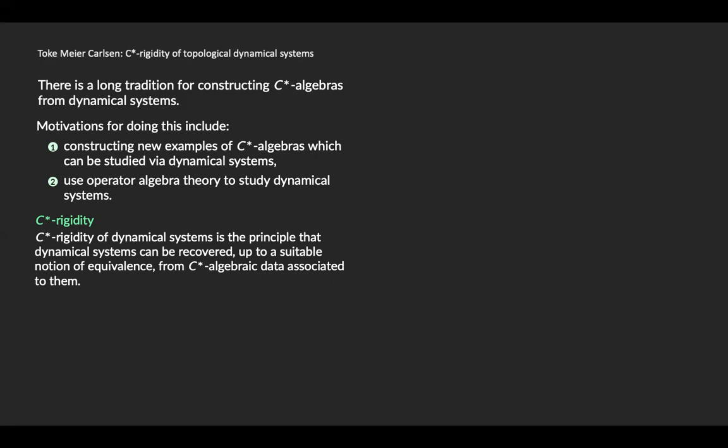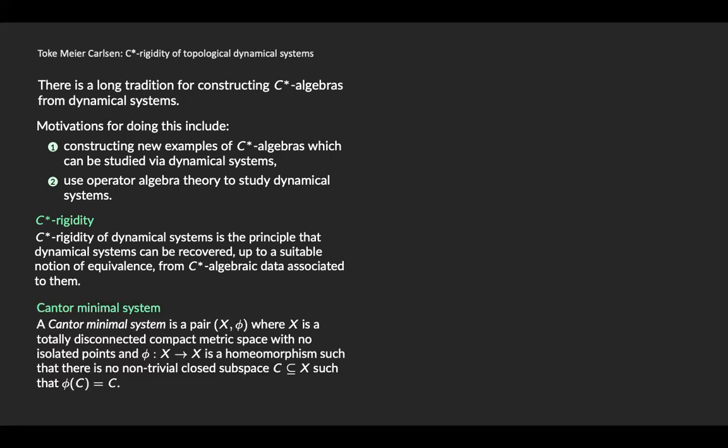A good example of this principle comes from Cantor minimal systems. Recall that a Cantor minimal system consists of a totally disconnected compact metric space with no isolated points and a homeomorphism such that there's no non-trivial closed invariant subspace.